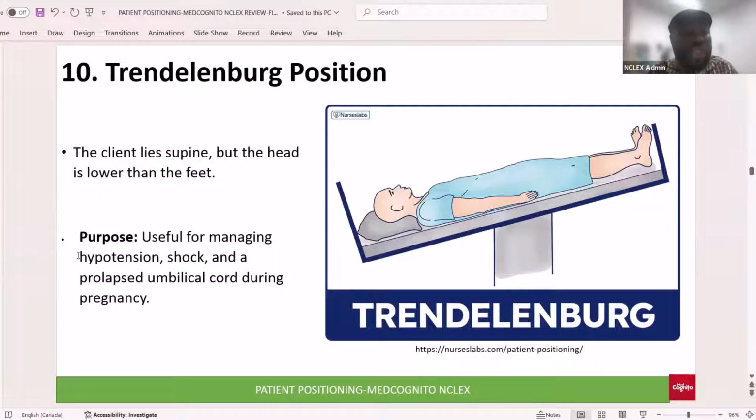So in patients with shock, with hypotension, in patients who have a prolapsed umbilical cord, because if the patient is pregnant, the umbilical cord has fallen out, and the head of the baby is about to press on it, you want this position so that it reduces the pressure on the umbilical cord.